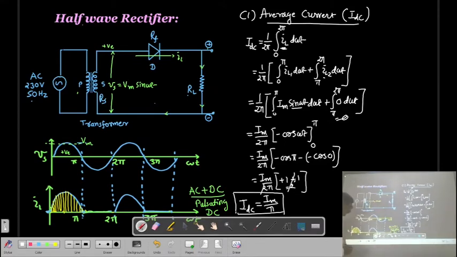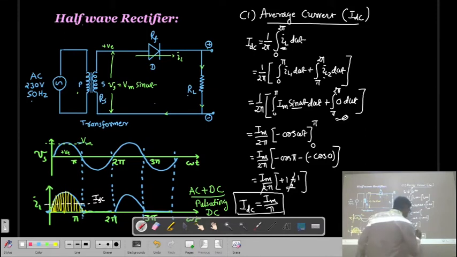So in this waveform, that level will be somewhere here. This is my DC current in the rectifier. And what is Im? We know that it is Vm by (Rf plus RL plus Rs).